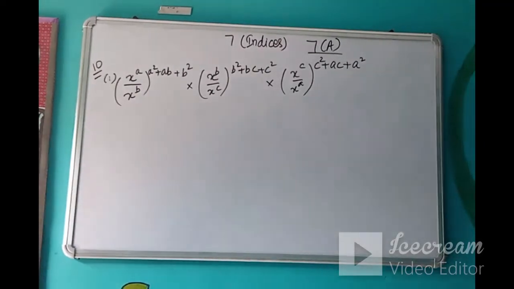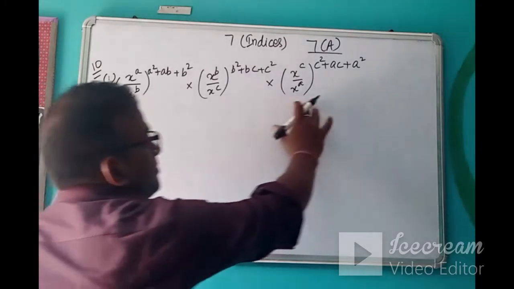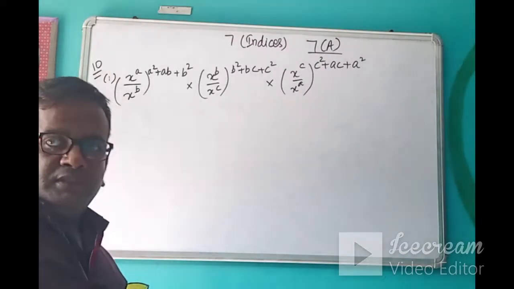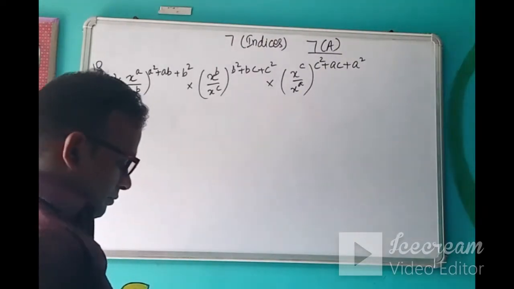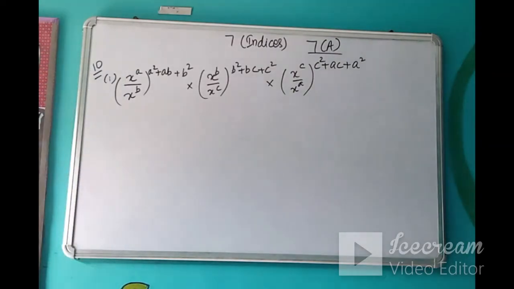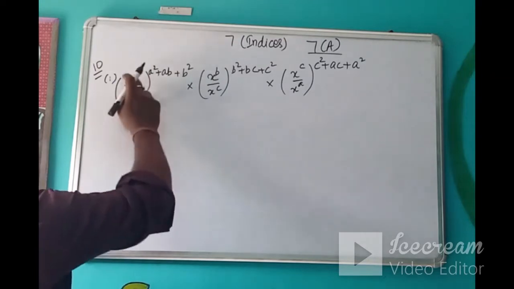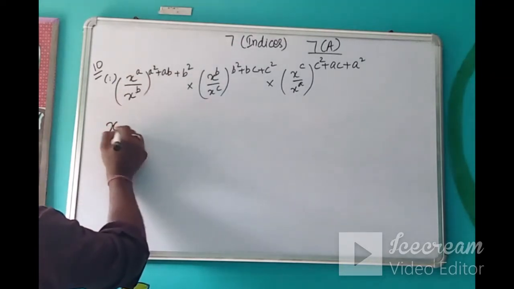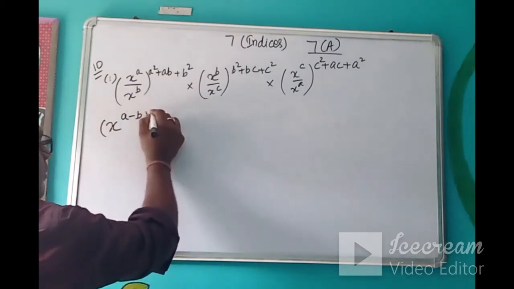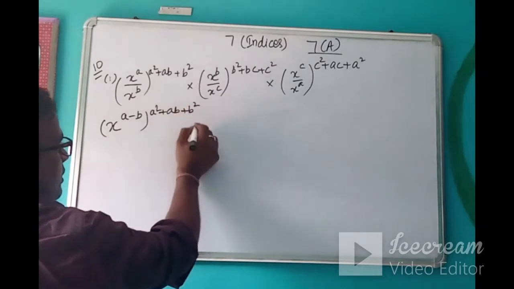Okay, so next we have to simplify this expression. It was a similar type to what we discussed in question number 8. So again, first we will combine these two. The bases are the same, so you can write like this, x to the power a minus b into a square plus ab plus b square.